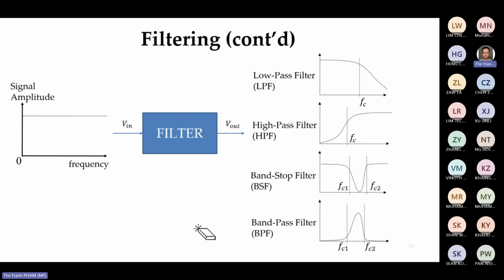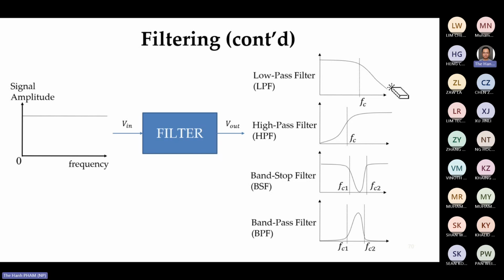Now let's take a look at the filters. You have 4 kinds of filters. You have low pass, high pass, band pass, and band stop. This one is just to show you the visualization. I draw like this to say for the input, right? You have all frequencies at the input. But if you use the low pass filter, then only low frequencies can pass.